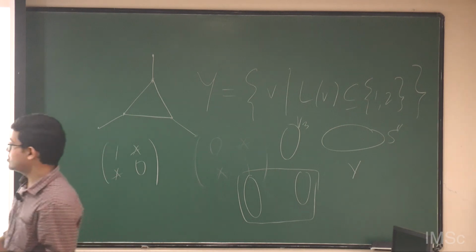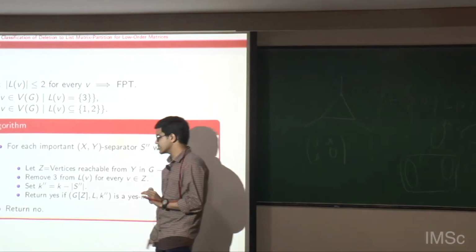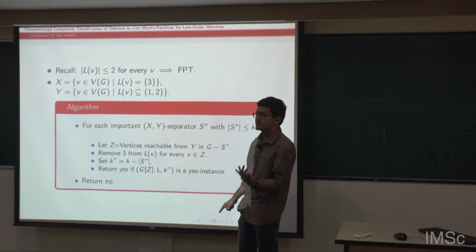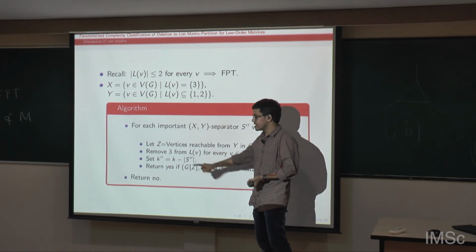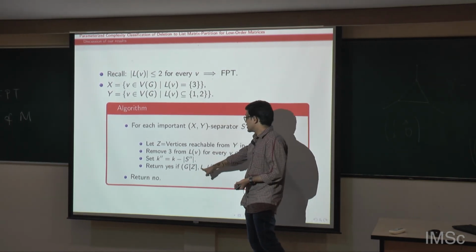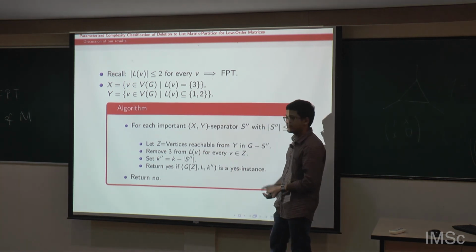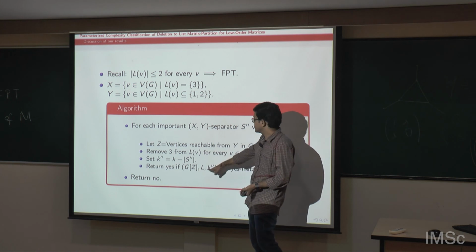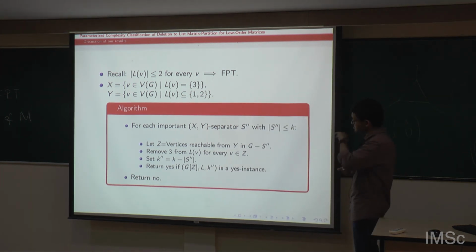So what can we do? We look at all vertices that are reachable from Y. We remove 3 from its list. Now every list has size at most 2 and we set the budget appropriately, and now that every list has size at most 2, we can solve the problem in FPT time. So if this instance is a yes instance, we will return that our original instance is a yes instance.